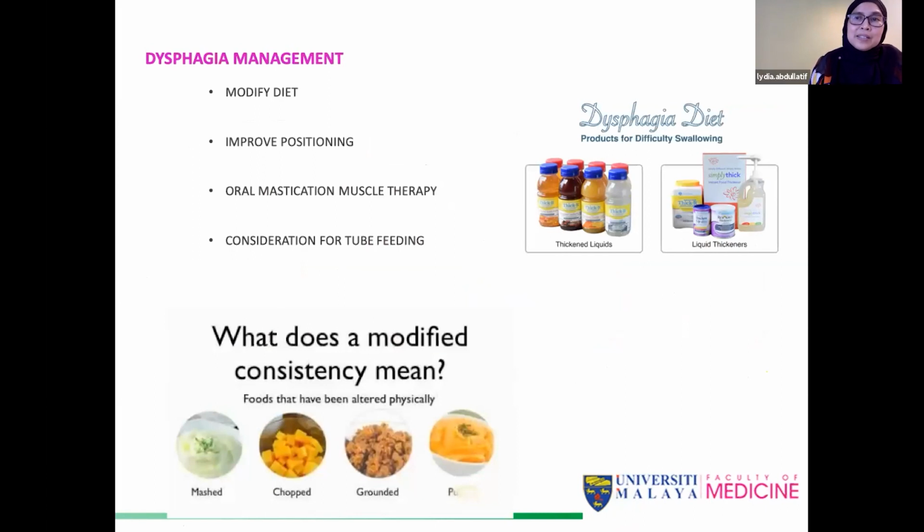You can either start modifying their diet, yeah, improve their sitting and positioning when they are feeding. Definitely, you must start oral mastication, muscle movement, and therapy. And of course, if the situation requires, then you got to start counseling for tube feeding.